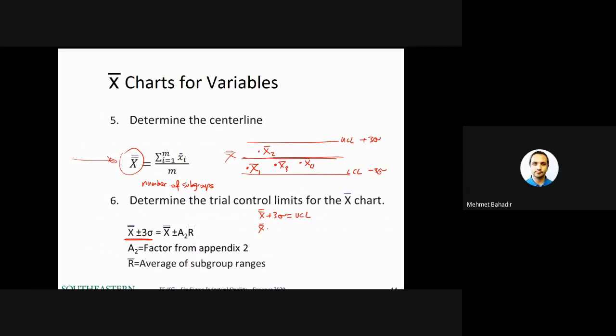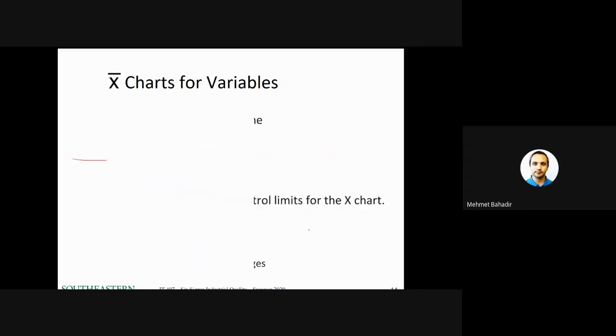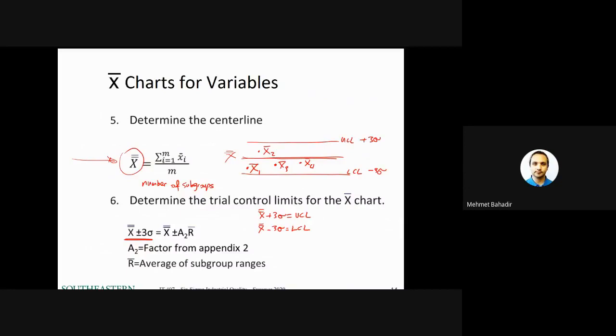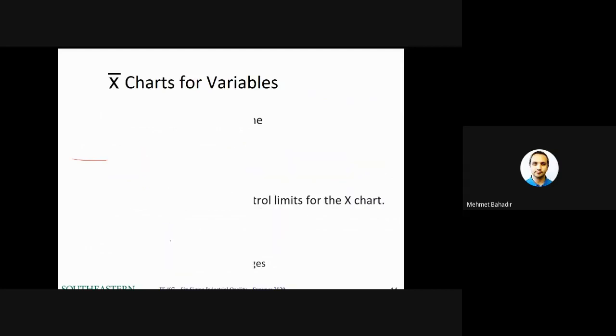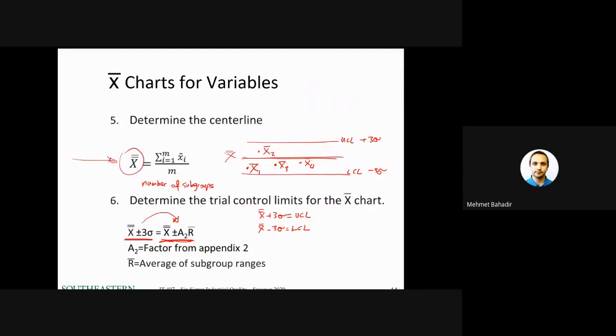X double bar minus 3 sigma is going to be the lower control limit. In statistical quality control, instead of using the sigmas, what we use is factors which are already calculated for certain situations with certain sample sizes. And that formula is transformed into this one, which is easier to calculate.